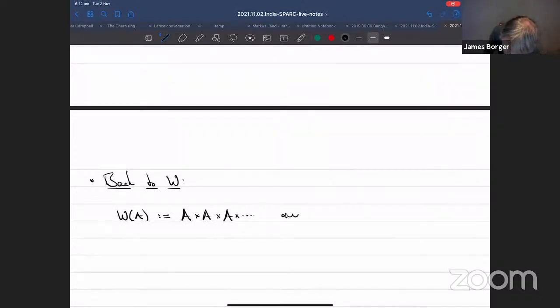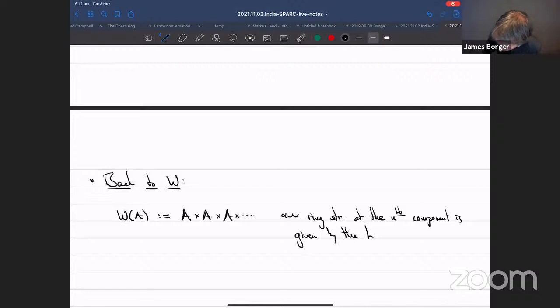And now the ring structure on this infinite product, at the nth component, so to speak, is given by the Leibniz rules for the nth iterate of delta with respect to both addition and multiplication.